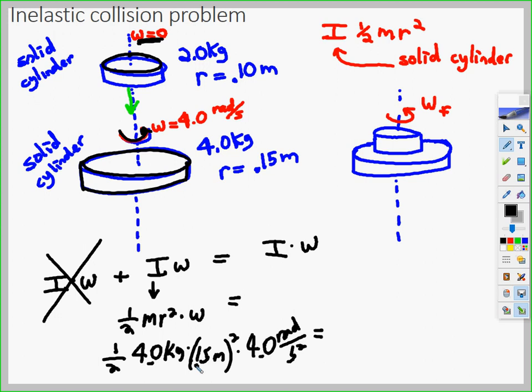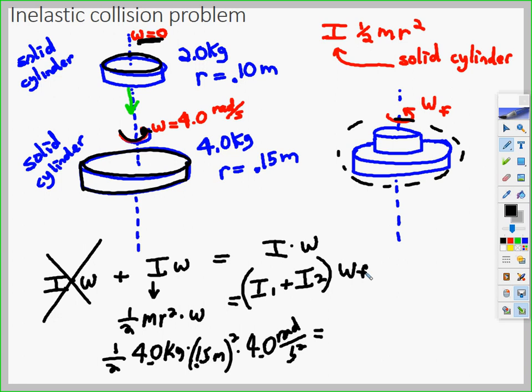Now, remember how you just added the two masses together in the initial translational problem? Here, you're just going to add the moments of inertia together. So the total I here is just going to equal I1 plus I2 times their final angular velocity. So what you're going to have to do is 1/2 mr squared for the top guy plus 1/2 mr squared for the bottom guy.